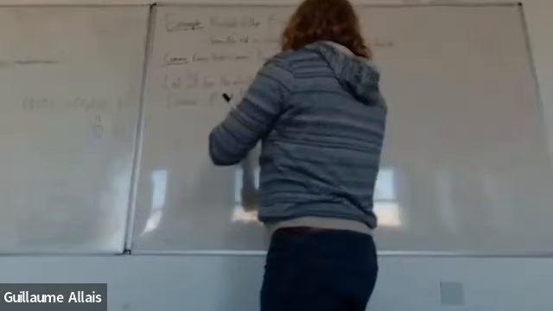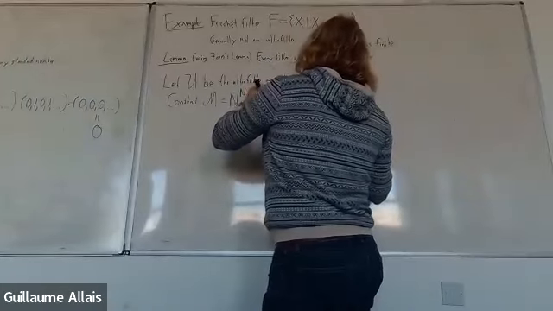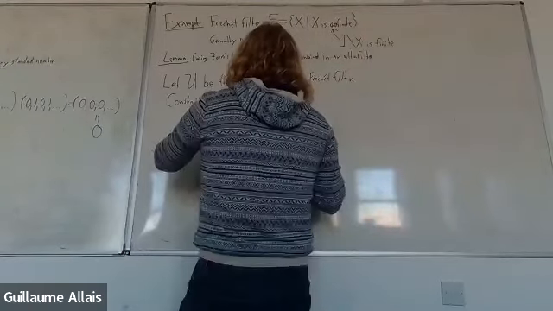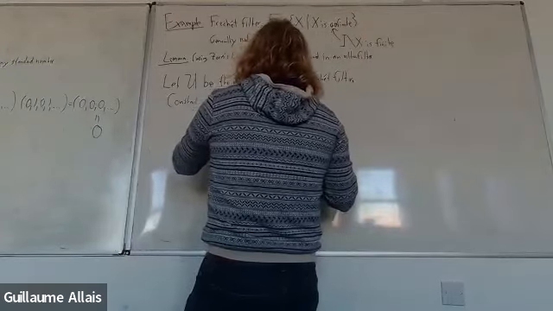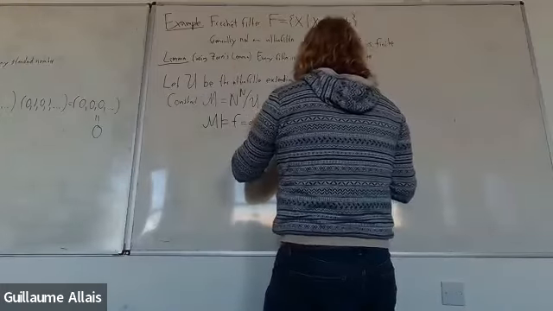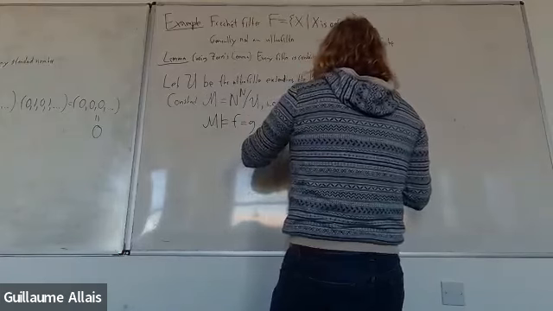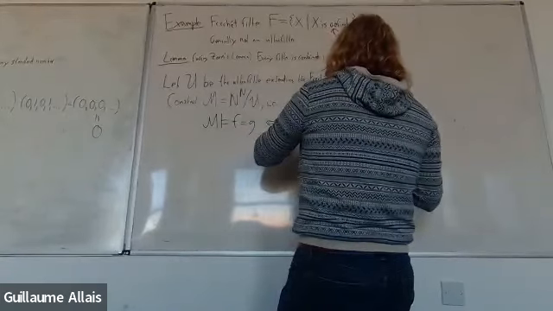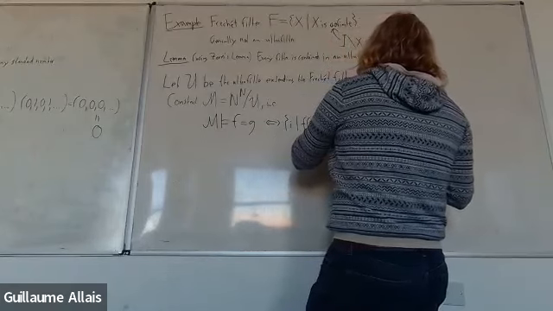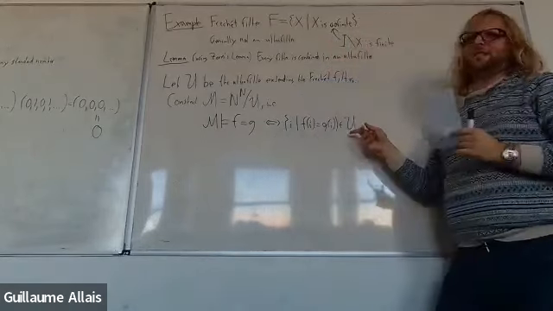What do I mean by this? I mean that M says that two sequences are equal if the set of indices where they agree is in the ultrafilter.